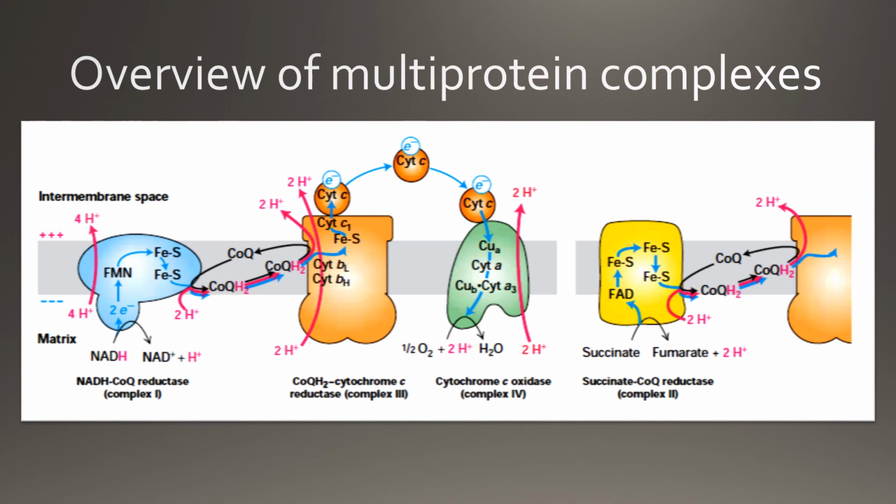So, the pathway from NADH, the left part: a total of 10 protons are translocated per pair of electrons that flows from NADH to O2, forming H2O.